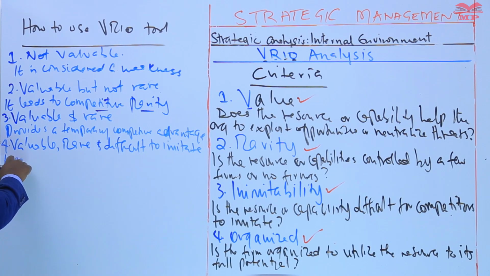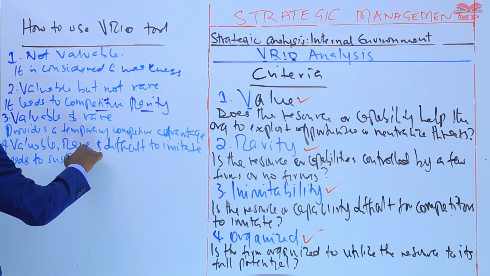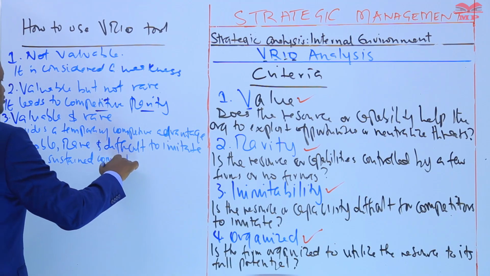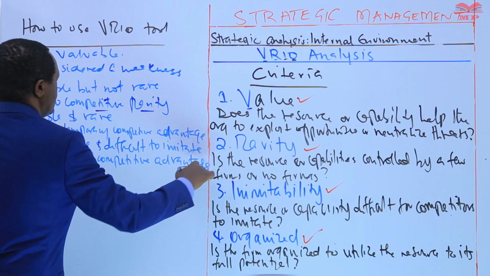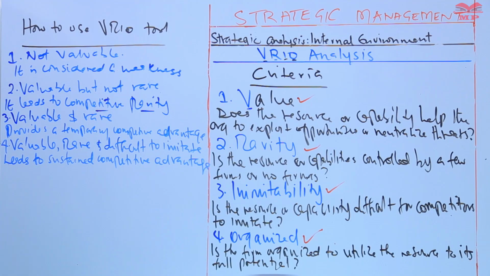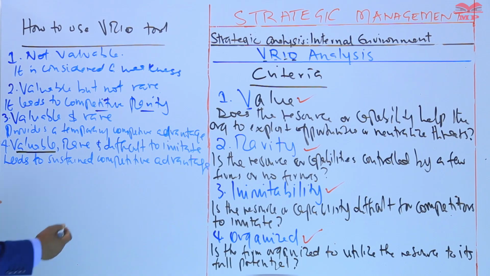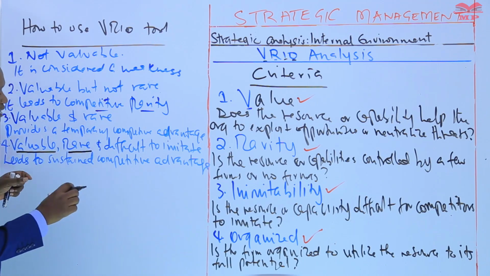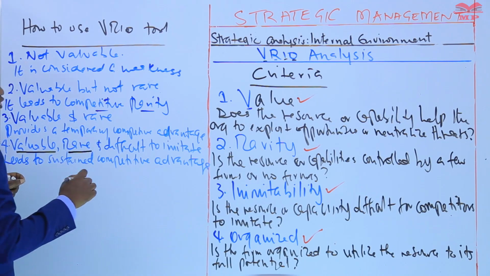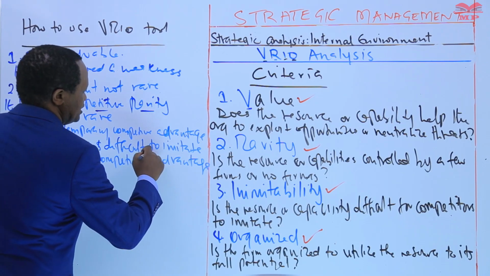This one leads to sustained competitive advantage. A resource that is valuable, meaning the resource can help the organization exploit opportunities and neutralize threats, or the resource may be rare, meaning it is unique to the company, or inimitable, meaning difficult to imitate.